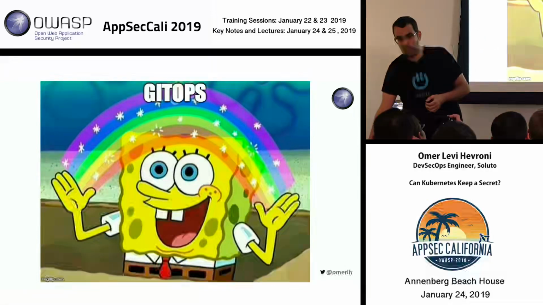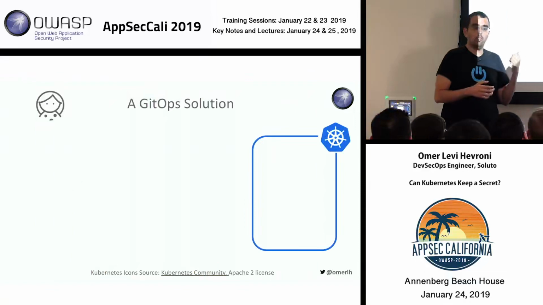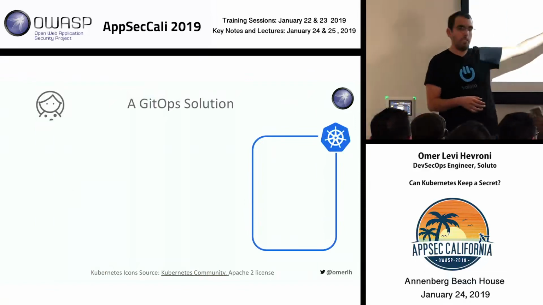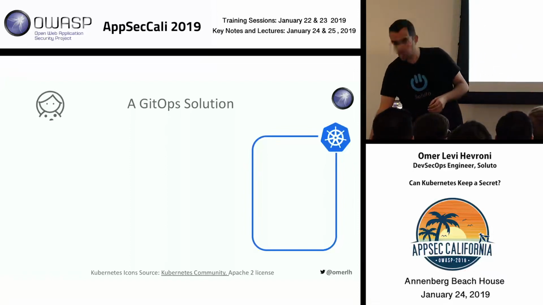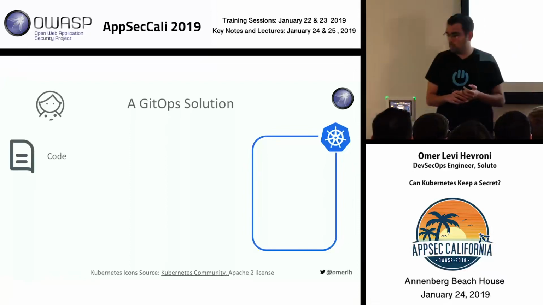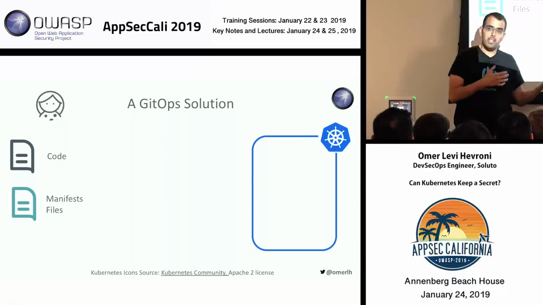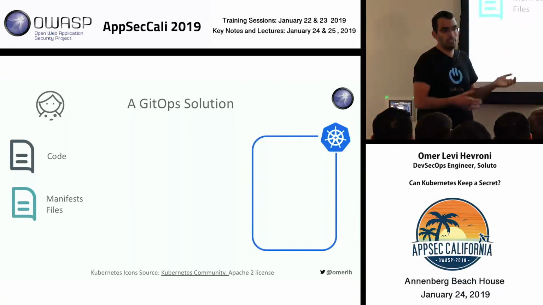Let's see an example of how you can do GitOps deployment to Kubernetes. So we have the developer, and we have a Kubernetes cluster running there. Now the developer produced 2 things. She produced the code, and she also produced manifest files. Manifest files are just files describing the resources she needs.